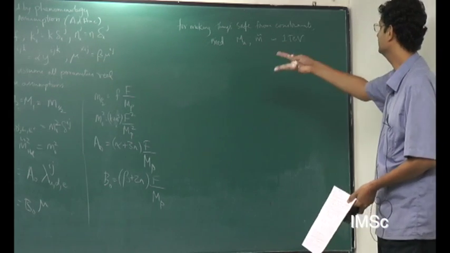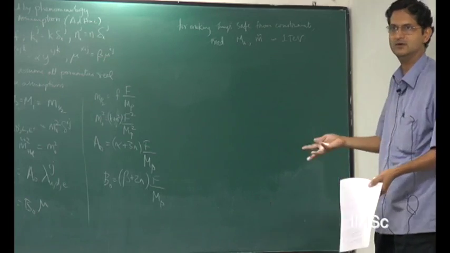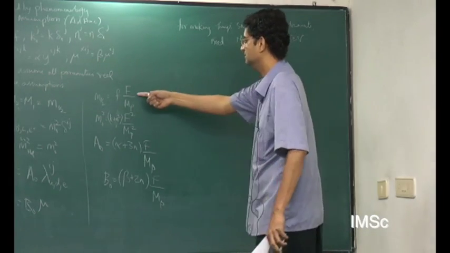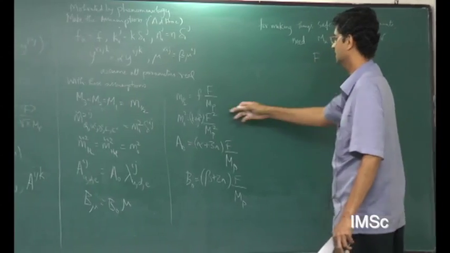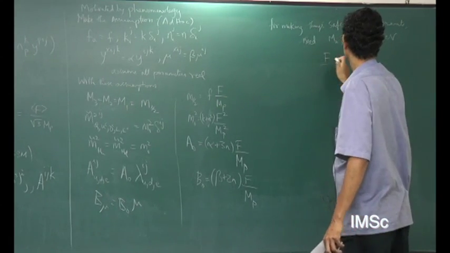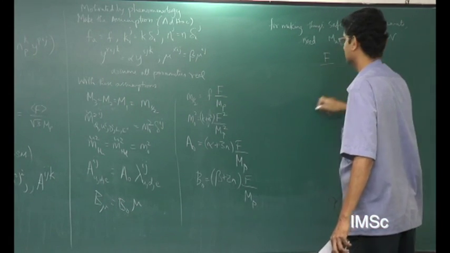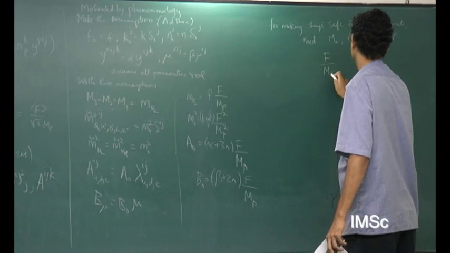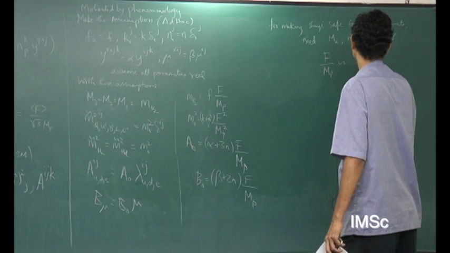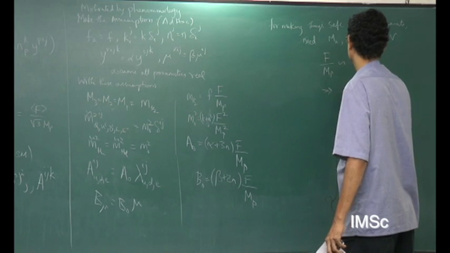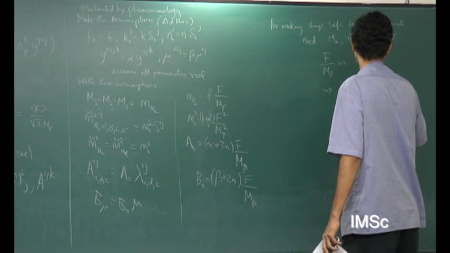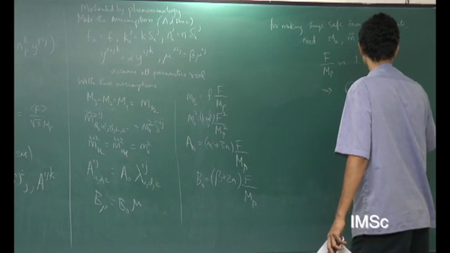So I'm saying roughly, for argument's sake, that it is all of the order of a TeV, and if that is the case, then we see this number, again depending on what F is, but this is order of magnitude. Depending on what F is, it will change depending on the model and so on. So F over M Planck should be of the order of a TeV, which means this root F should be around 10 to the 11 GeV, right?